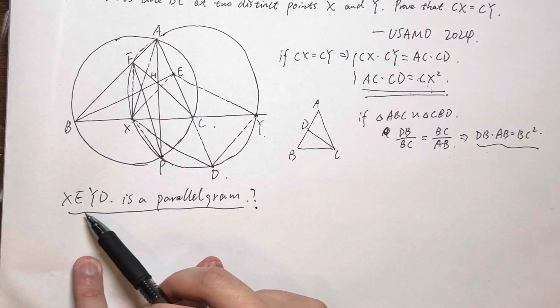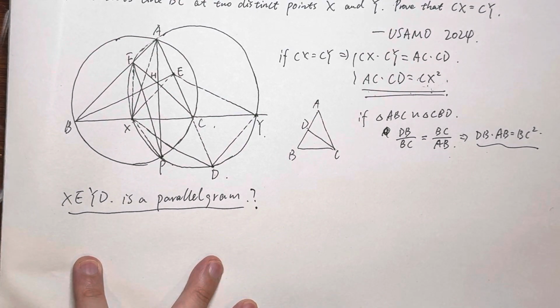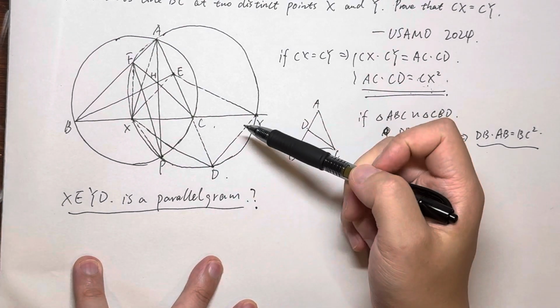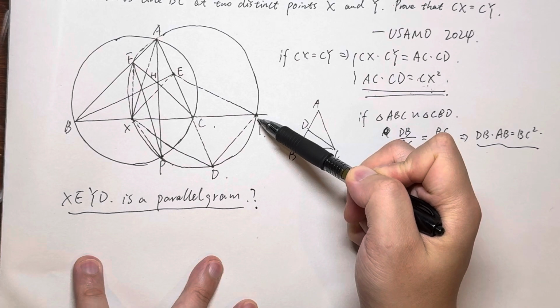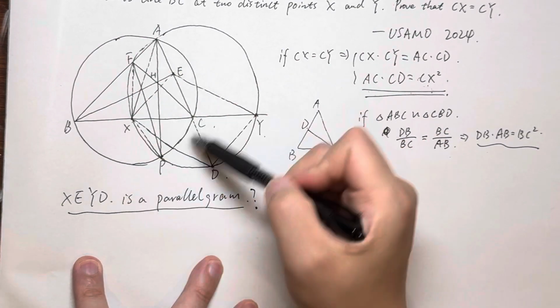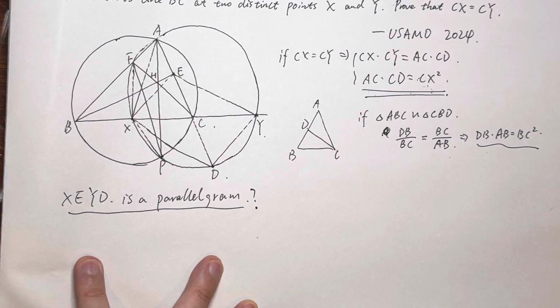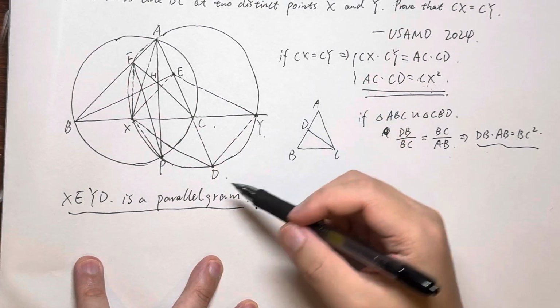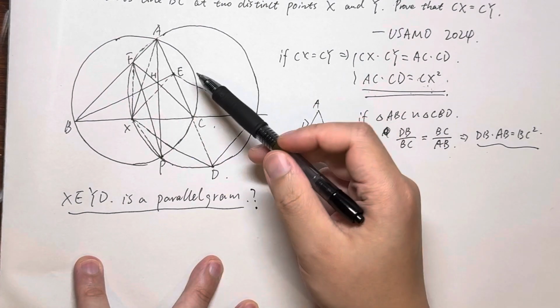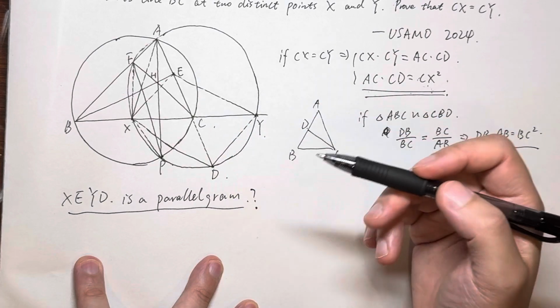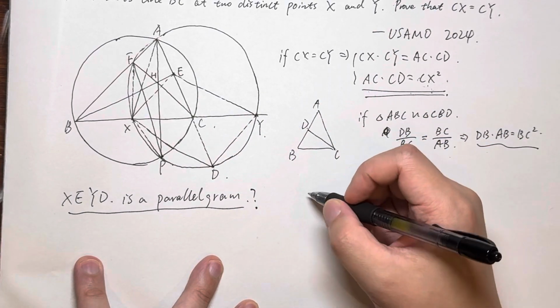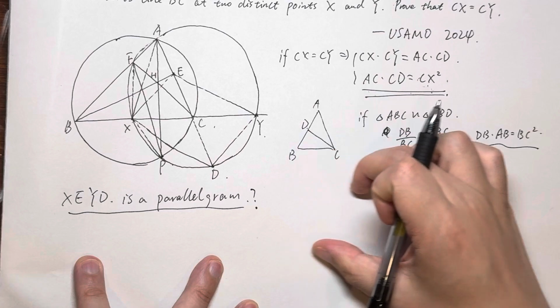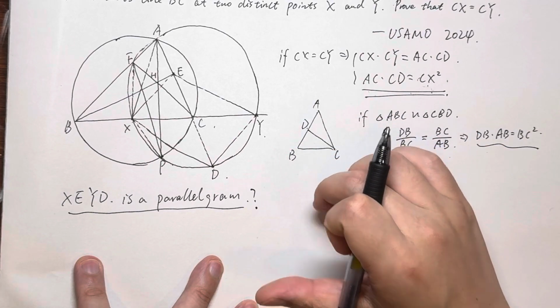If we want to prove that XEYD is a parallelogram, it's obvious Y is a point outside of the triangle ABC, which we know nearly nothing about. Which means we can't use something like, to prove that a quadrilateral is a parallelogram, opposite sides are equal, right?